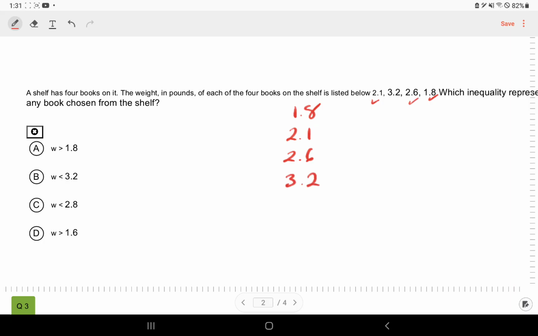3.2. So now if I look at my answers, W is greater than 1.8.